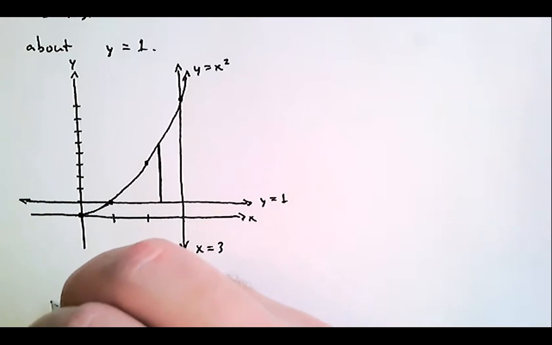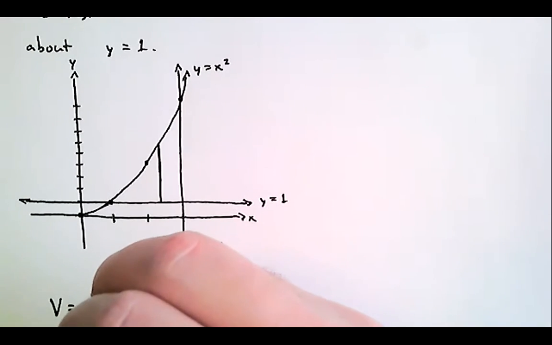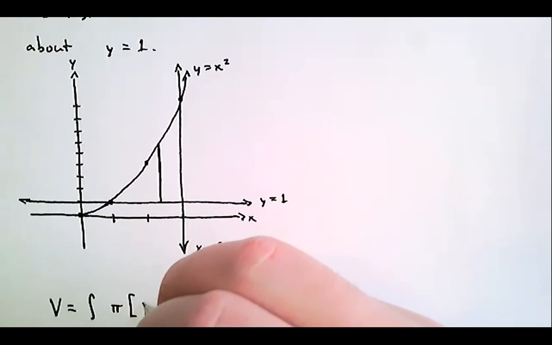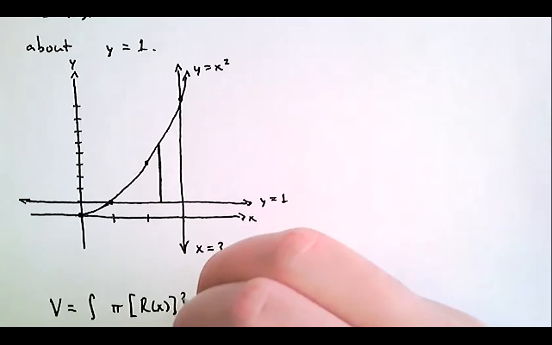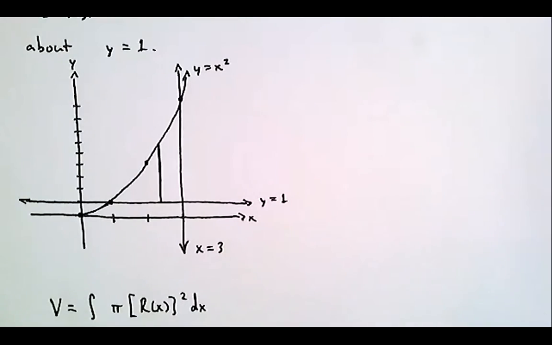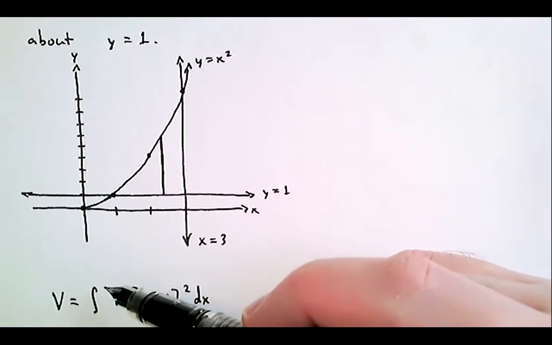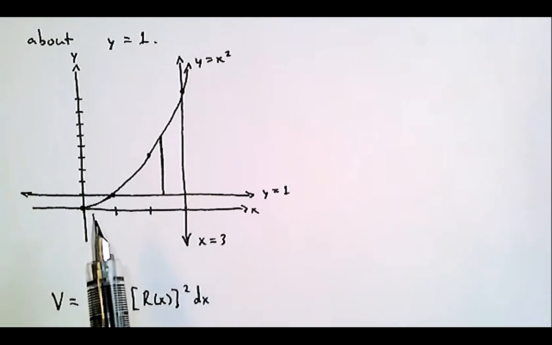So let's try to start setting up our formula. We have V equals the integral of pi r squared. What are my limits of integration for this problem? What are the x boundaries?